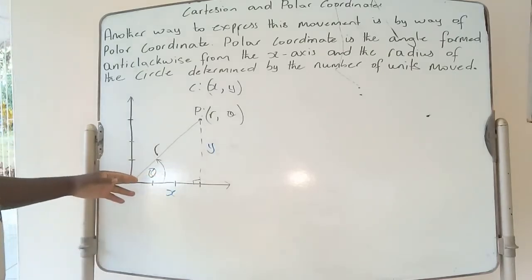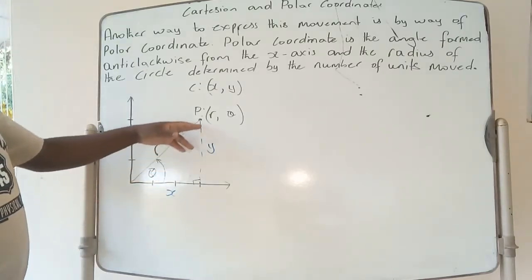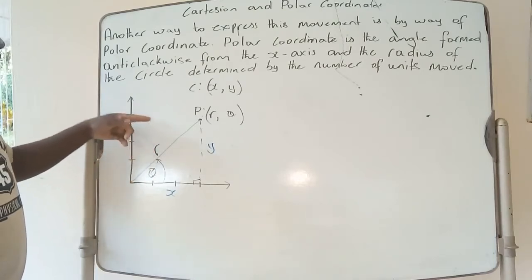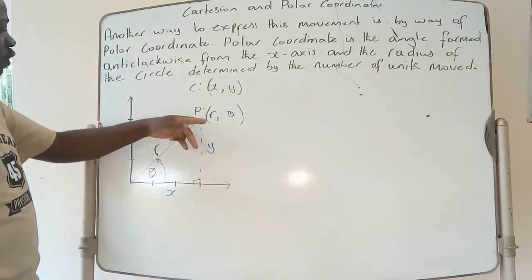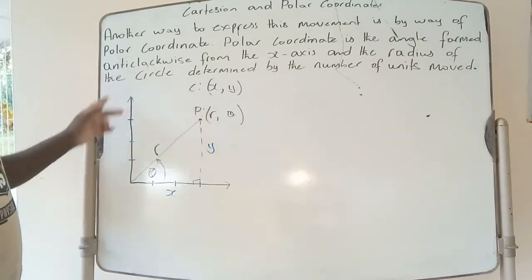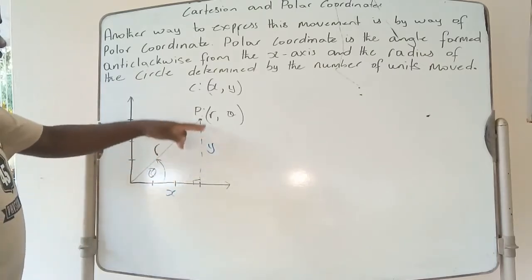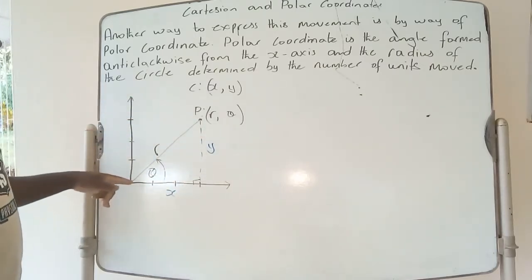As you note here, it seems as if r will always be positive, because if I rotate this around the fourth quadrant, I only have one here, r will always be positive.